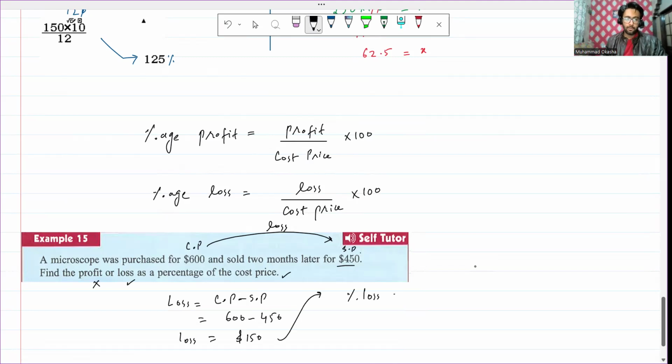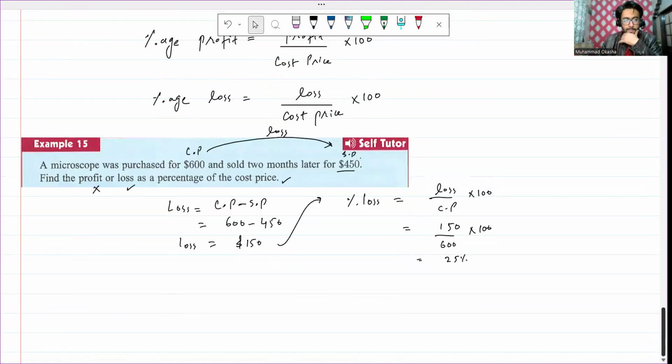So percentage loss is equal to loss on top, cost price at the bottom, multiplied by 100. So loss is 150. Cost price was $600, multiplied by 100, and you are going to get 25%. You sold it at a 25% loss.